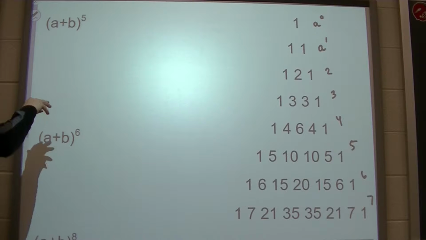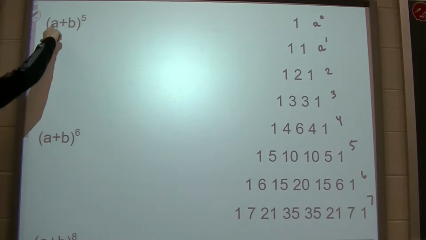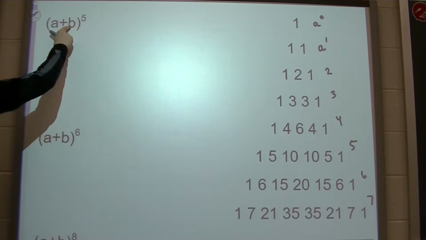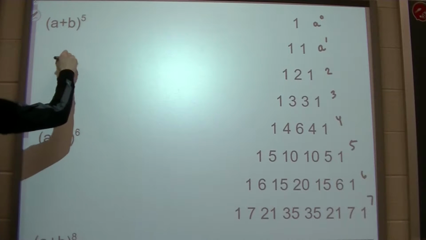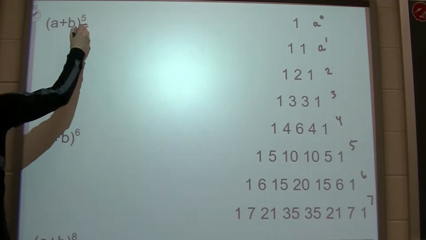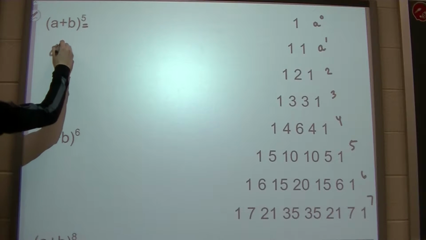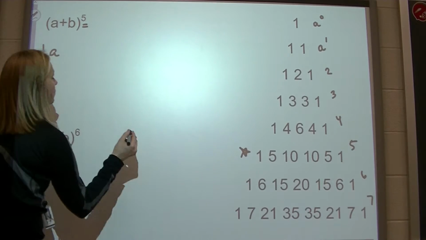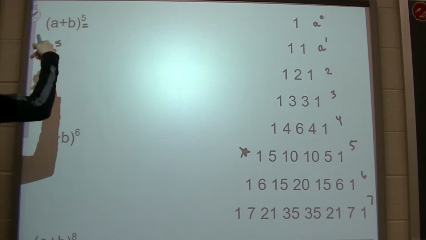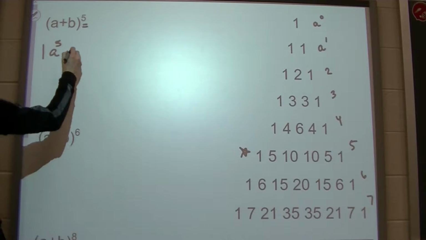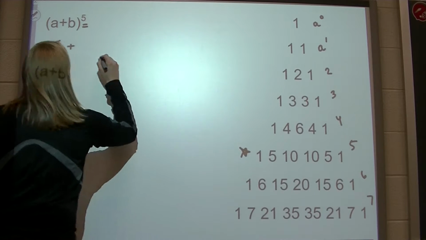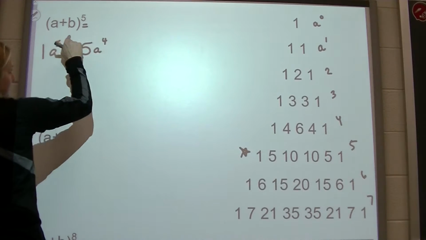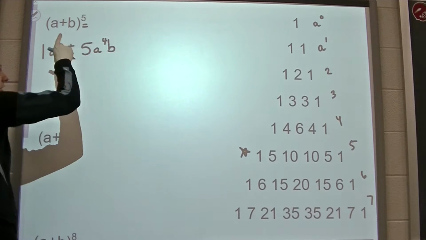So a plus b to the fifth, and we should also already recognize our pattern that the exponent on a decreases while the exponent on b increases all the way throughout. So this is going to equal 1a to the fifth, and I could write b to the 0, but we know that means nothing, plus 5a to the fourth b, because this exponent is going to decrease and now b is going to increase.